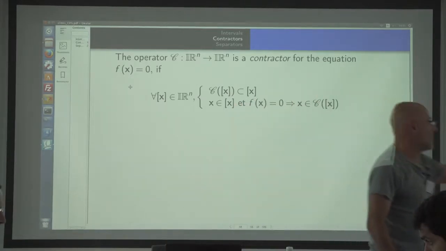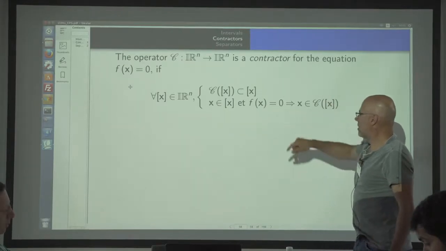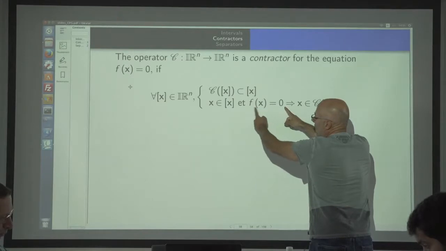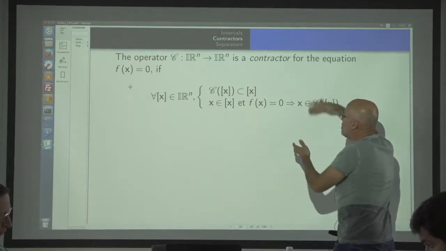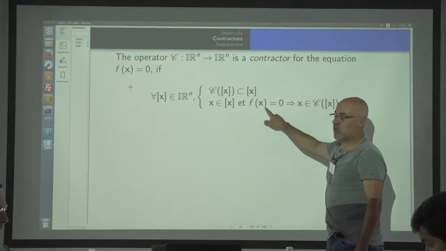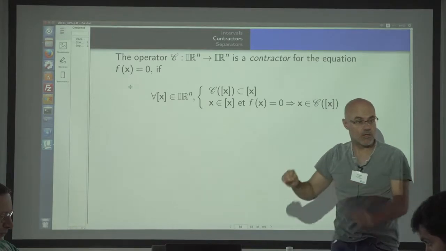If now, instead of having a set, I have an equation like this one, it corresponds to a set, the set of all x which satisfies the equation. The definition is the same. So a contractor can be associated to an equation, to an inequality, to a set. It's the same definition. Okay?